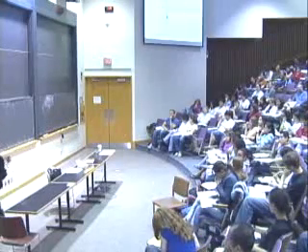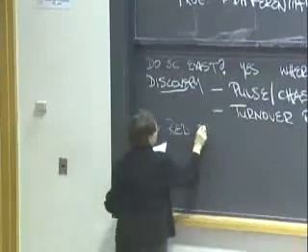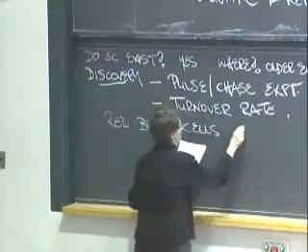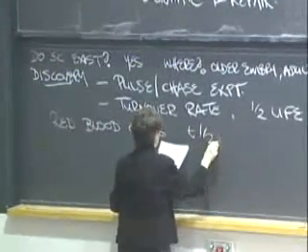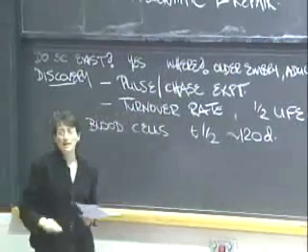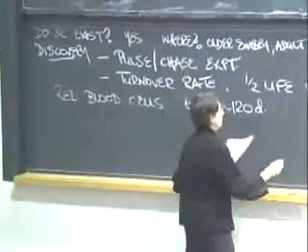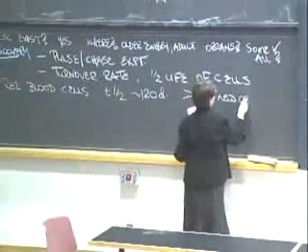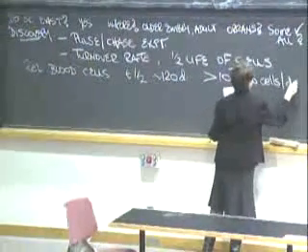So, for example, red blood cells have a half-life of about 120 days. And that actually means that there are more than 10 to the 7th new cells produced per day.